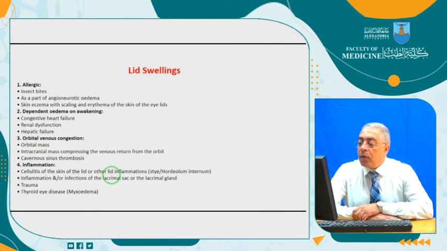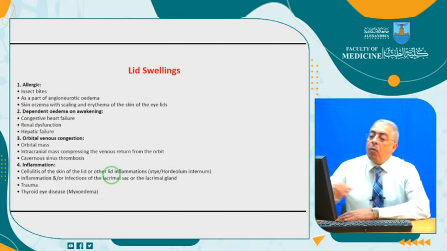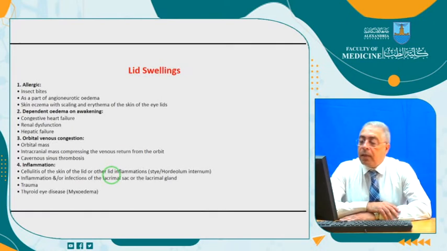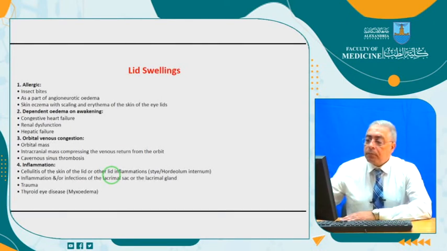Sometimes there is extension of infection from the lacrimal sac, dacryocystitis, or the lacrimal gland, what we call dacryoadenitis. One of the inflammatory conditions is thyroid eye disease. You should know that one of its main manifestations is eyelid swelling.